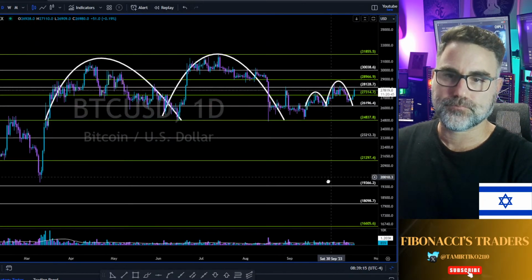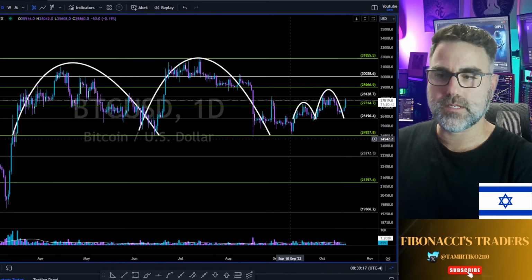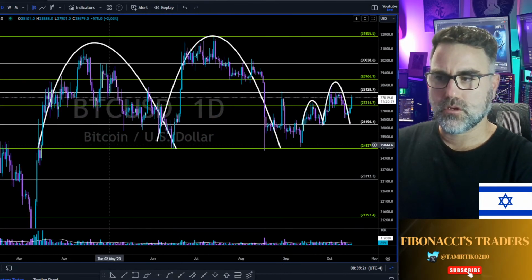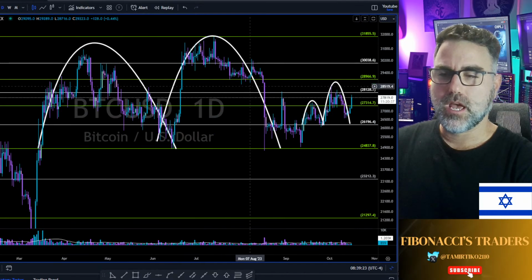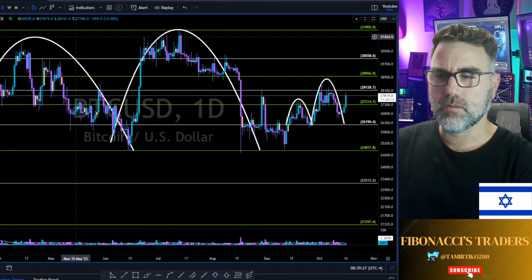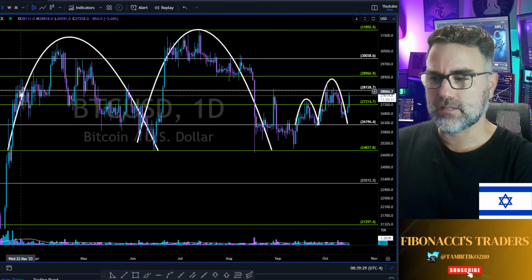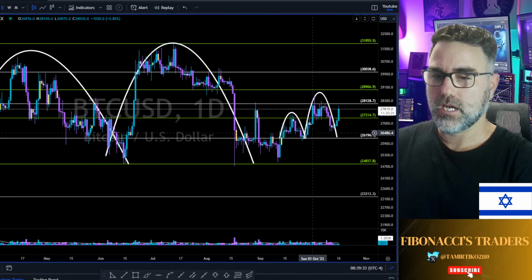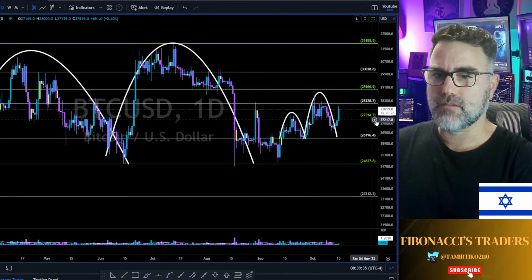Bitcoin, as you can see, zoom out, we still have this head and shoulders scenario on the higher time frame, on the monthly time frame. We still have head and shoulders on a weekly time frame.